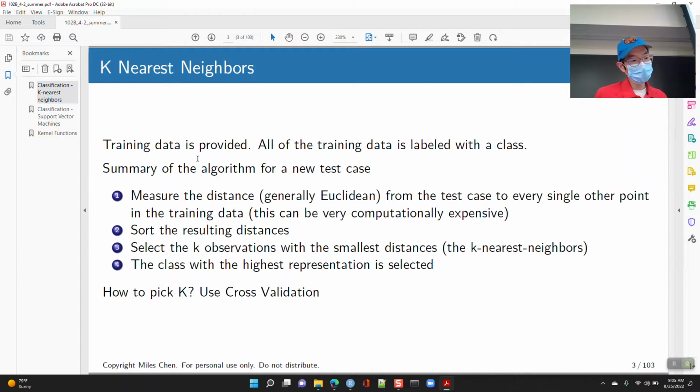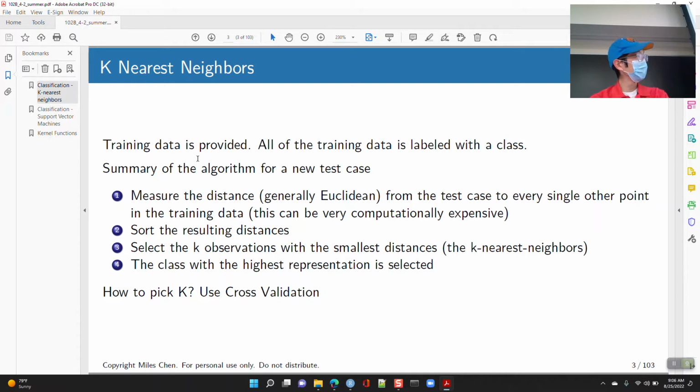That step, depending on the size of your data, could be very computationally expensive. If you have maybe 100 data points, this will be quick. You have to measure the distance from your one point to 100 other points. Sure, no problem. But if you have 1,000,000 entries in your data set, then for your test case, you have to measure 1,000,000 distances. That could take a long time to do.